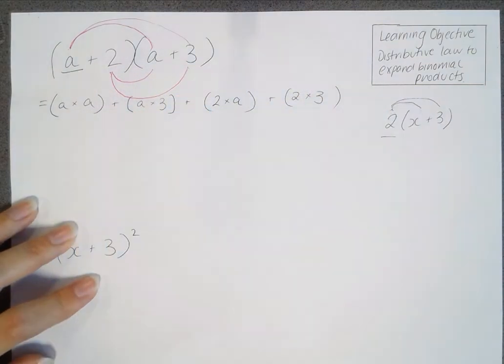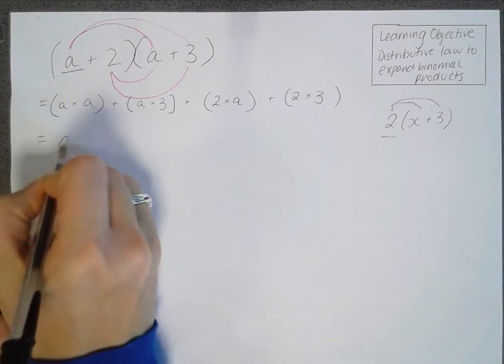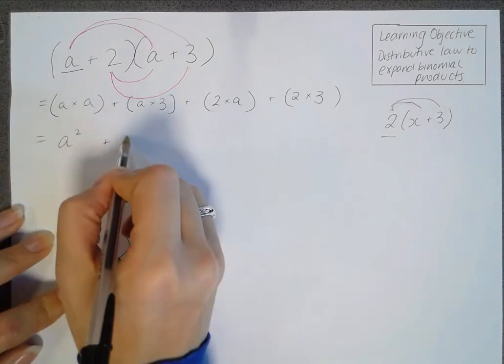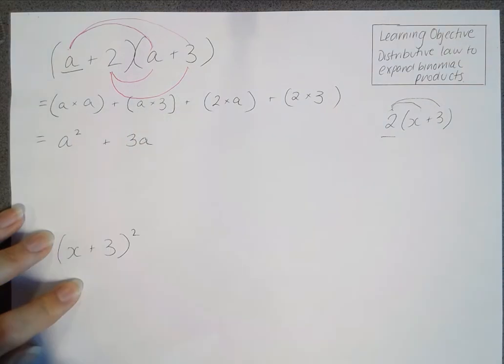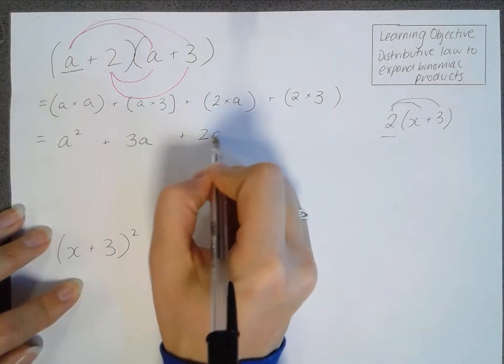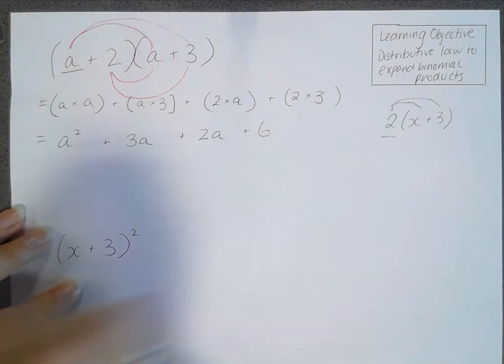Right, there are 4. So let's simplify this. A times A gives us A squared plus A times 3, we always put the coefficient first, or 3A, plus 2 times A, which is 2A, plus 2 times 3, which is 6.